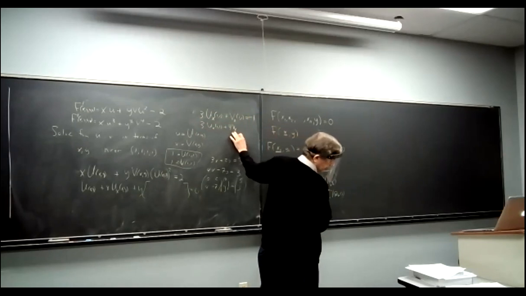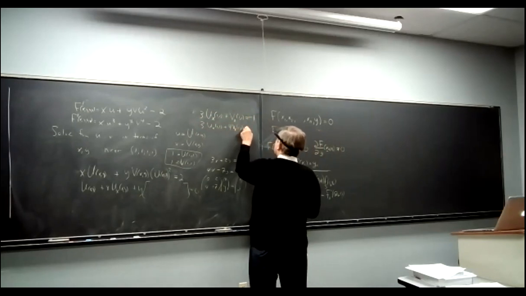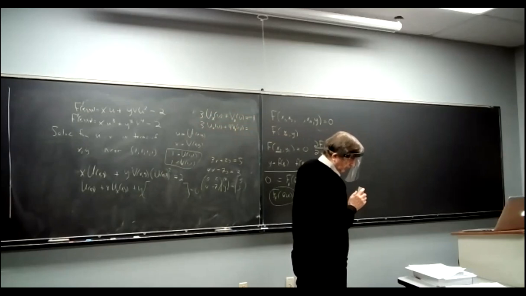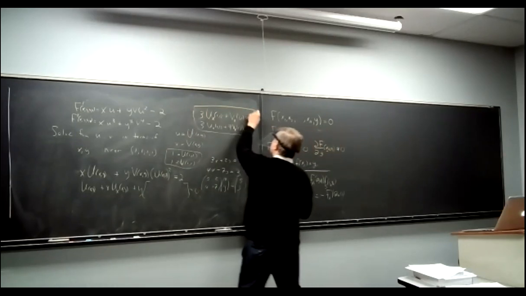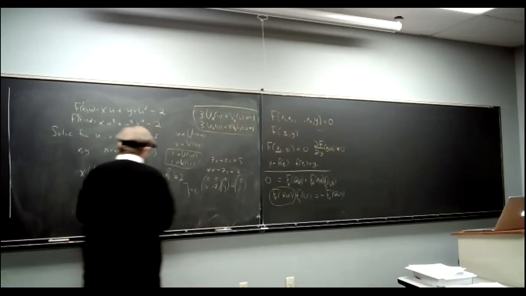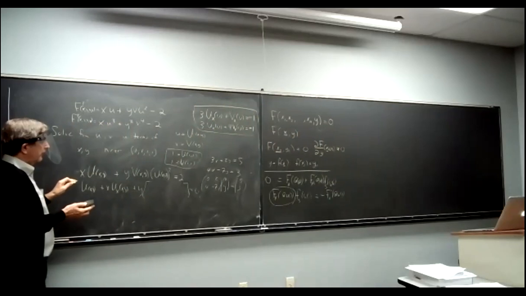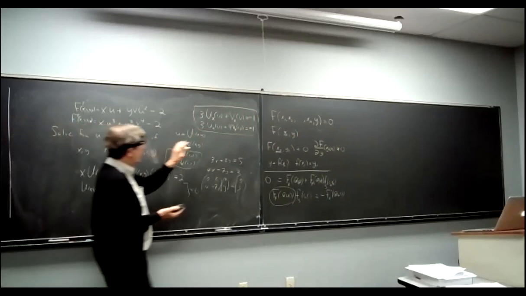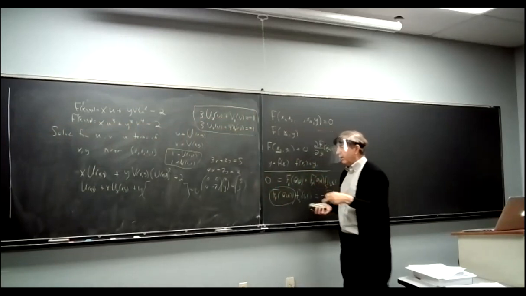Sorry, these should be y's. This is okay. So I'm trying to say this fast. You get this out of this system. If you differentiate this with respect to x, you'll get these 2 equations out of it when you put in the ones everywhere.